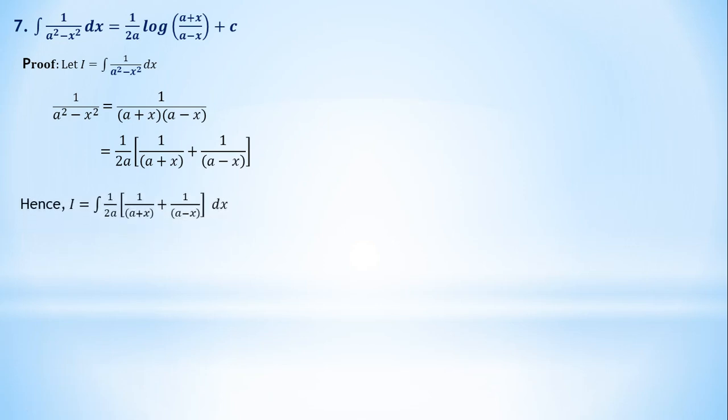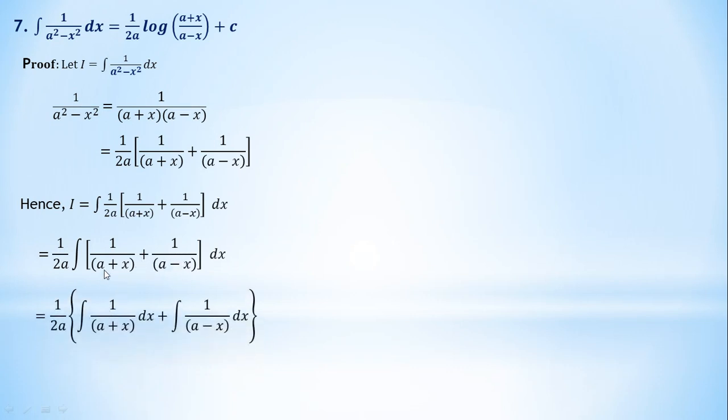So hence we get the integration 1 upon 2a into bracket 1 upon a plus x plus 1 upon a minus x dx. Now 1 upon 2a you can take outside of the integration, and in the bracket all these terms as they are.